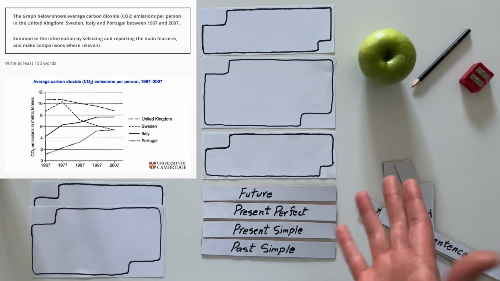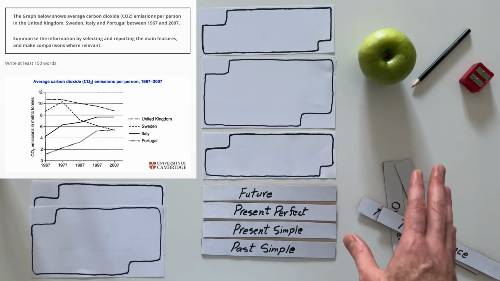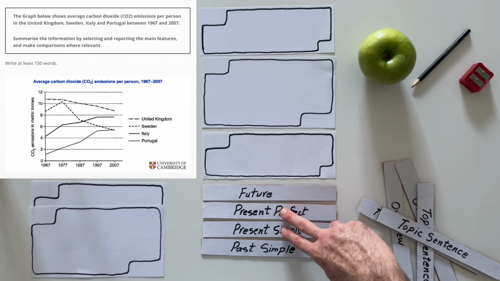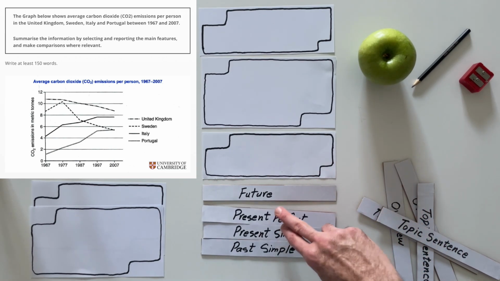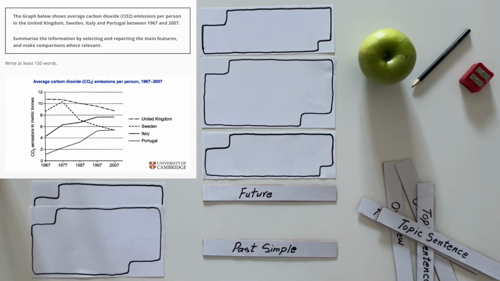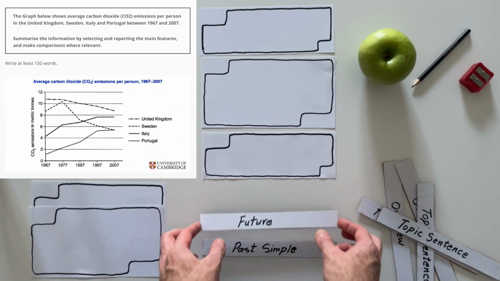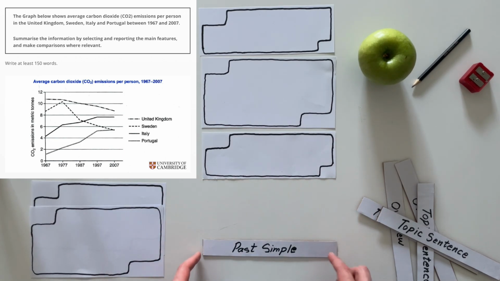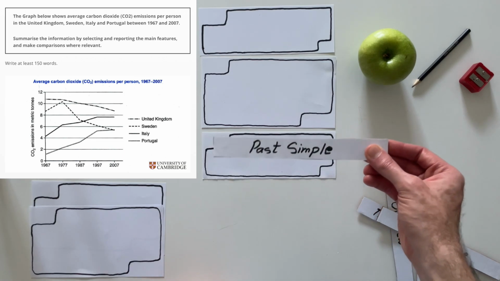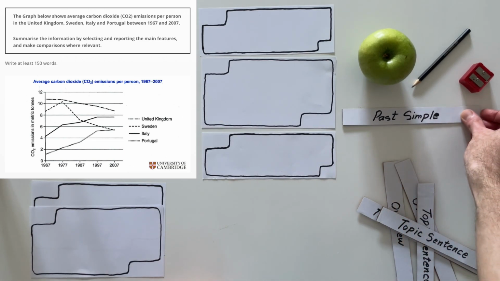So it's all in the past. It has nothing to do with the present. So these two are definitely out of the way. Let me get rid of them. There is no future. We are left with only past simple. I'm going to put it here.